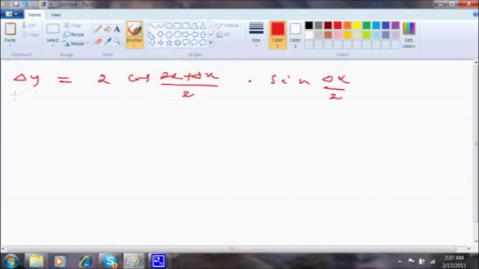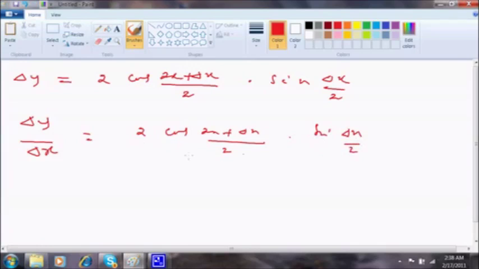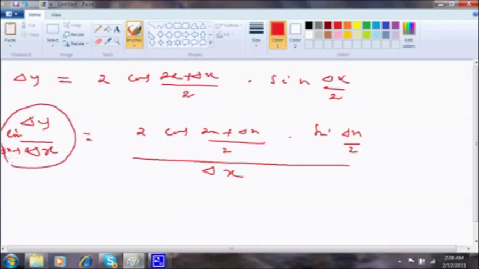After that, I will just write delta y by delta x is 2 cos (2x plus delta x)/2 into sin delta x by 2, whole divided by delta x. And here I'll just write limit delta x tends to 0. This is actually written as dy by dx.